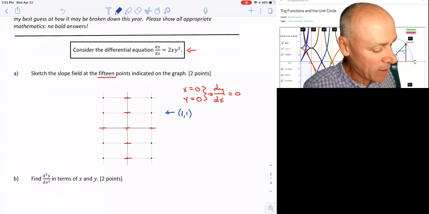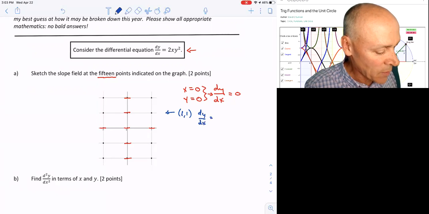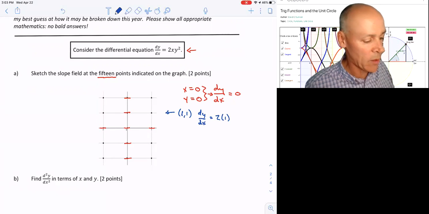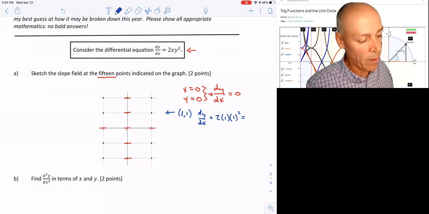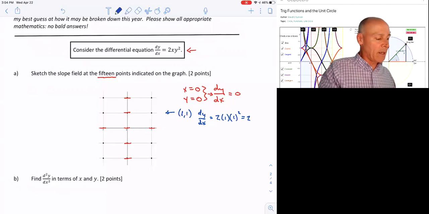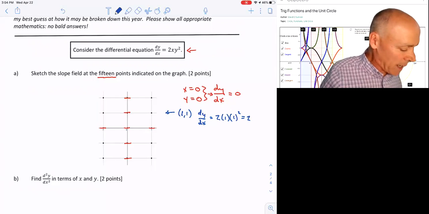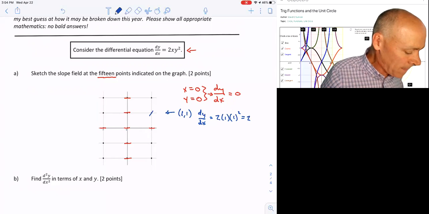Dropping that into my differential equation, dy/dx is equal to 2 times 1, my x-coordinate, times 1 squared, my y-coordinate, and so that's going to be 2. So that point needs to have a tangent line with a slope of positive 2.